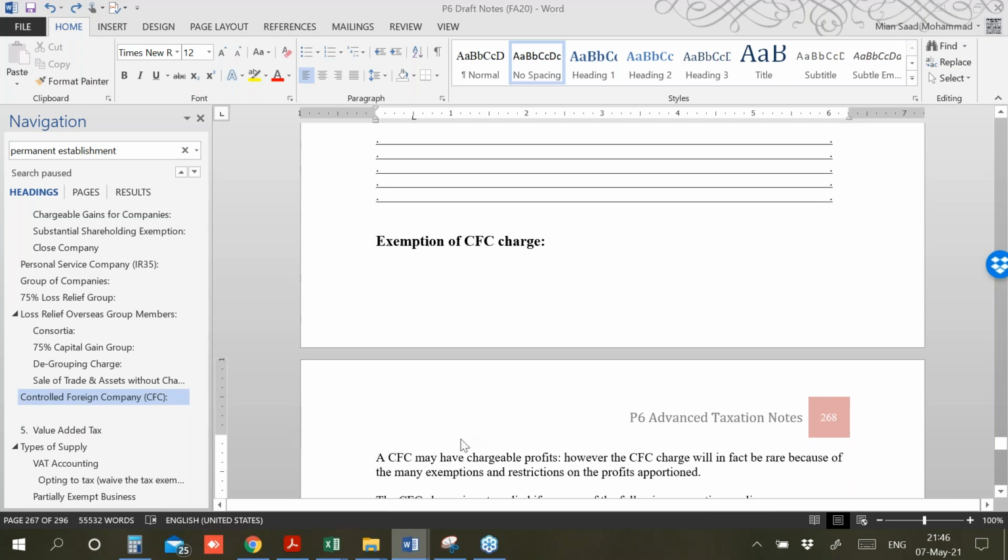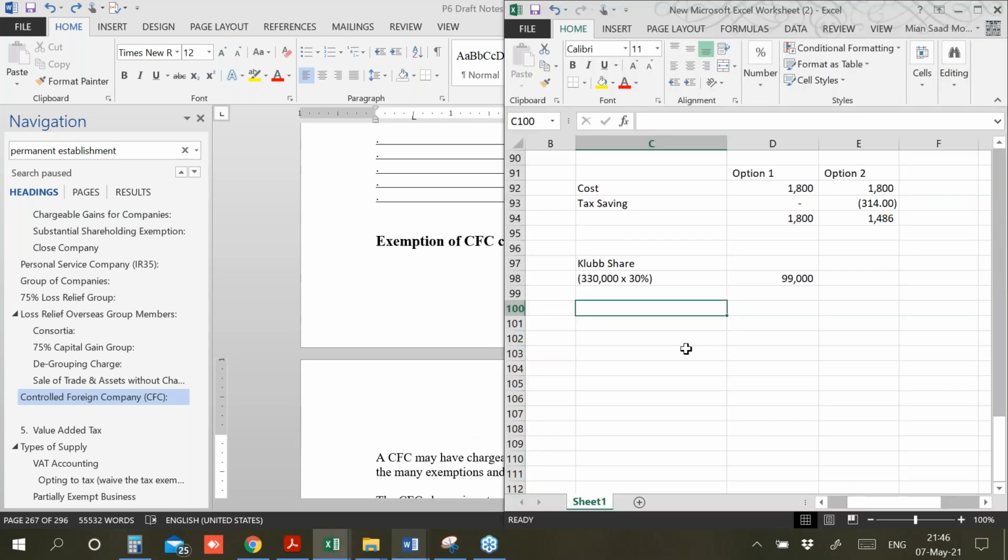There you can see. CFC charge is this. Sorry, this is the share of profit. Now I have to calculate what the corporation tax on these profits would be if they were taxed in the UK, and that will be simple. Take 19% of that. 18,810 will be the tax that would have been payable in the UK.